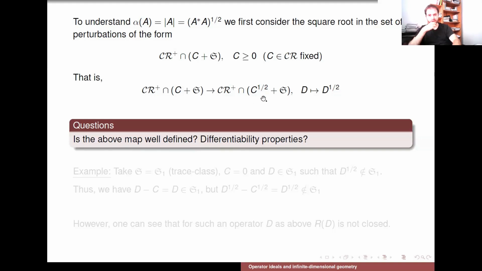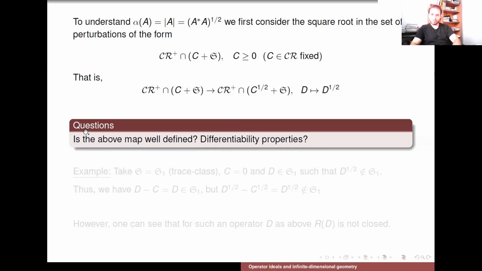But note that here we first need to understand if this map is well defined, because we begin with an operator D such that the difference with C is in the ideal, and it is closed range and positive. Then when we take the square root, we must have that the difference with the square root of C is again in the operator ideal.